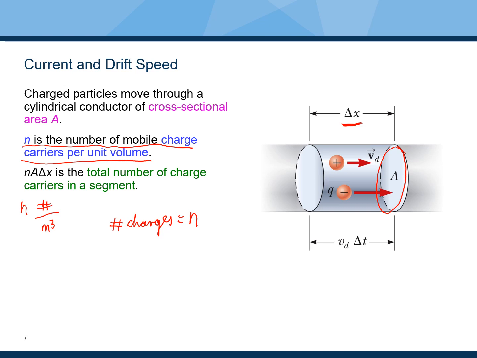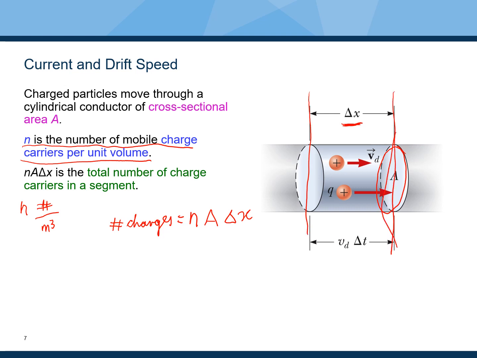So number density multiplied by A multiplied by delta x gives us the number of charges in that particular section that we've identified.